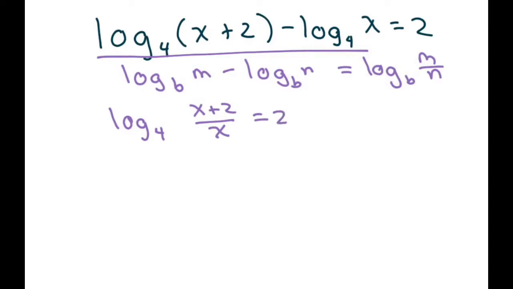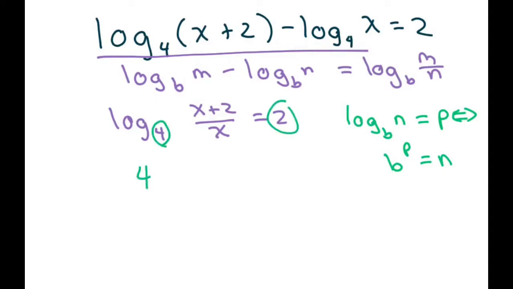And again, I'm going to use my property that log base b of some value n equals p, and I can rewrite that as b, my base, to the power p equals my value n. So my base is 4, my power is 2, and my n, my value, would be x plus 2 over x.